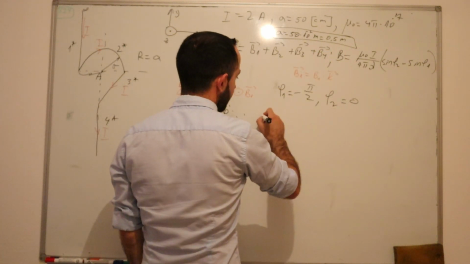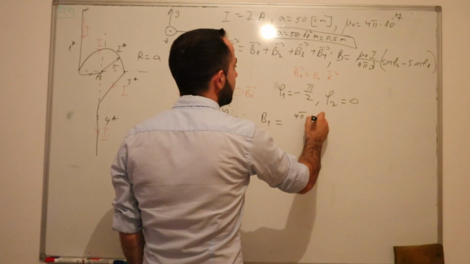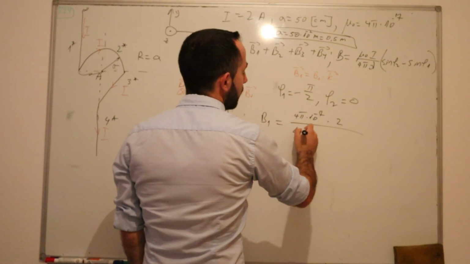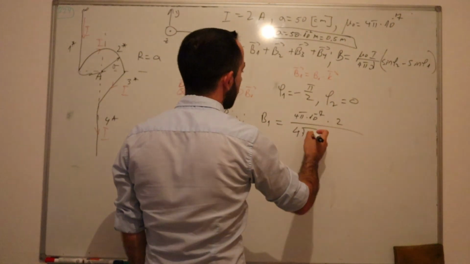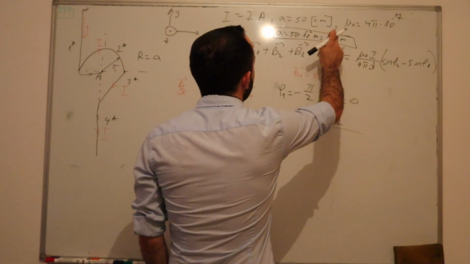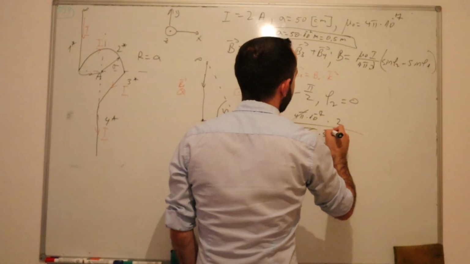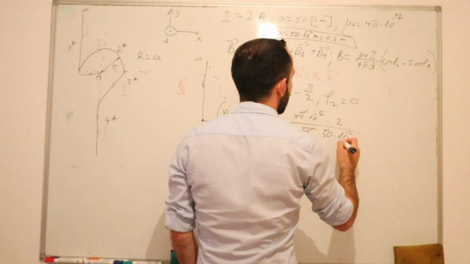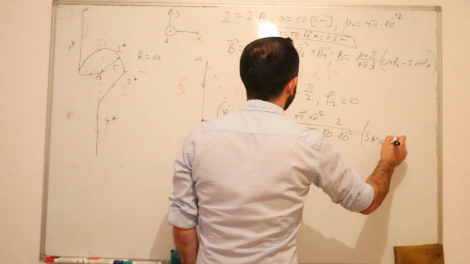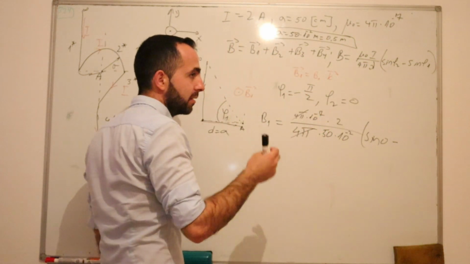So now we will put this in the formulation. 4π times 10 to the minus 7 times 2 amps. We know that d is actually a, which is 50 times 10 to the power of minus 2. Sin φ2 is 0, minus sin φ1 is minus sin of minus 90 degrees.